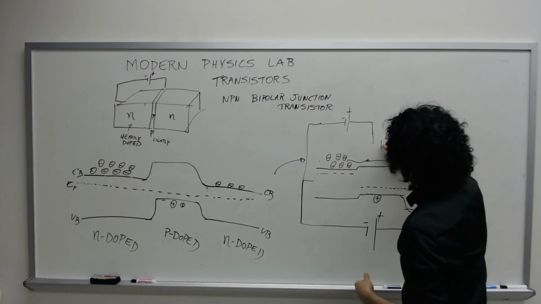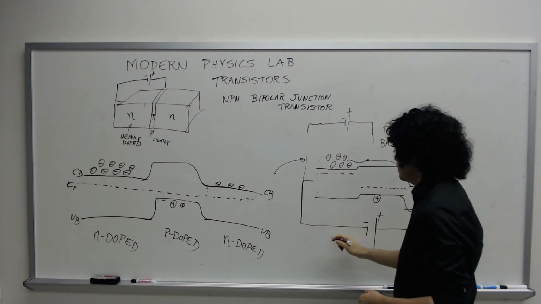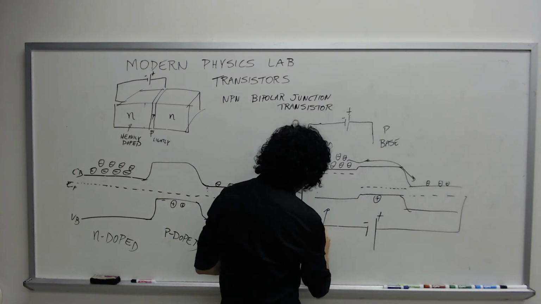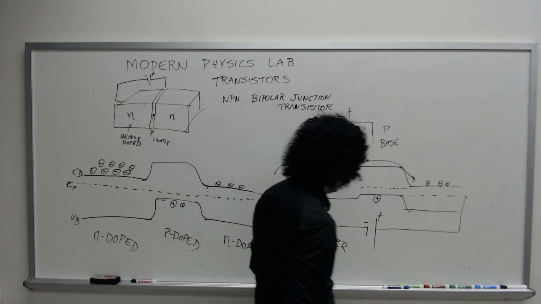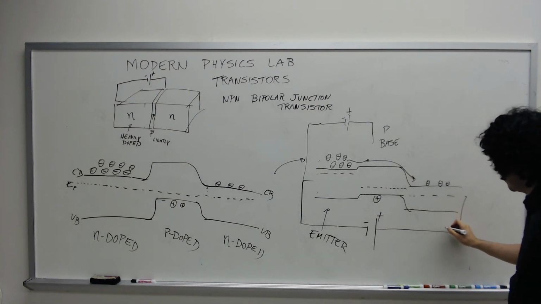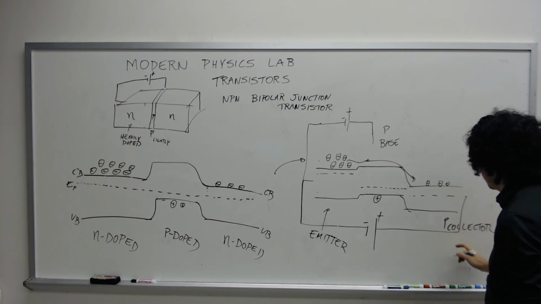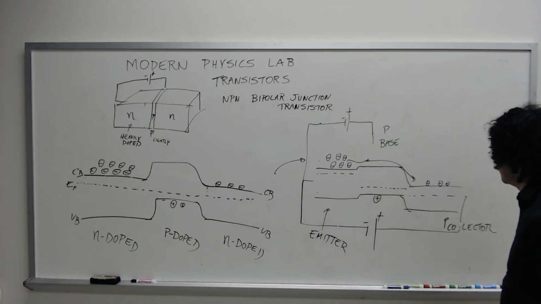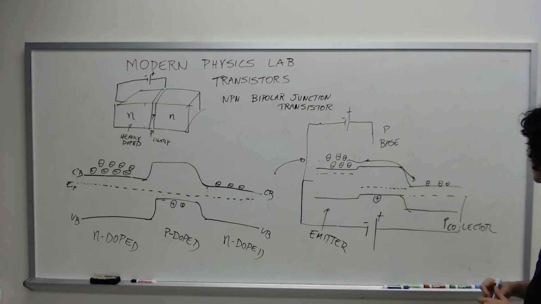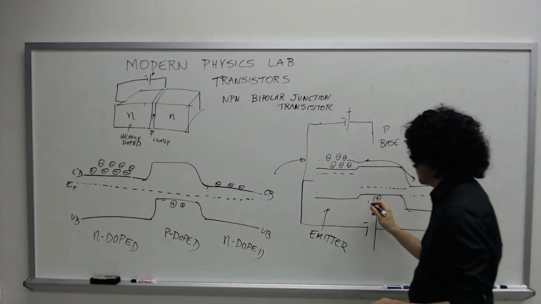The p-doped side is called the base. The n-doped side here is called the emitter. And this side is called the collector. In this case, you establish a current here, and the holes can also move this way.